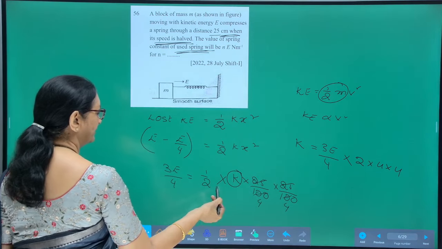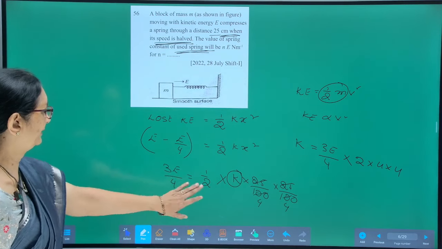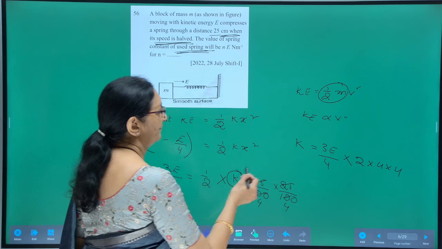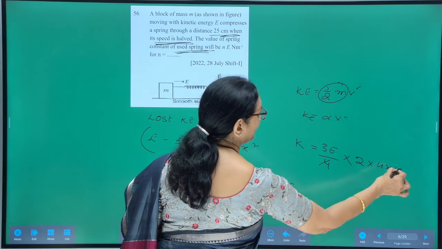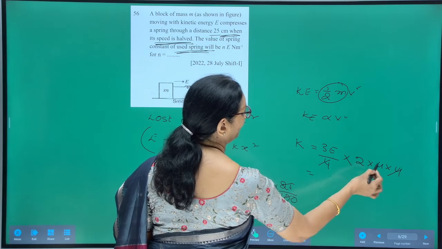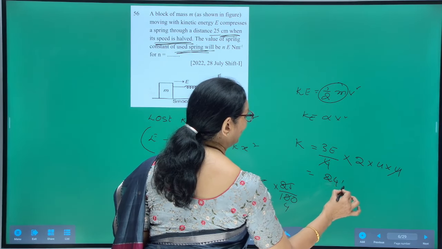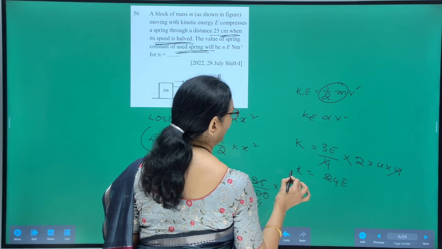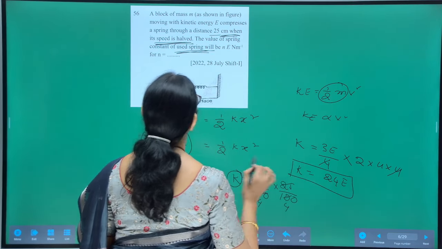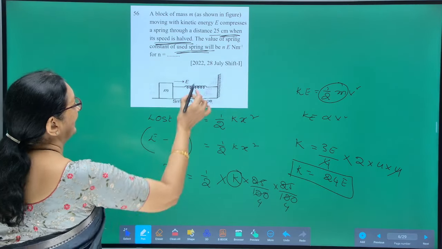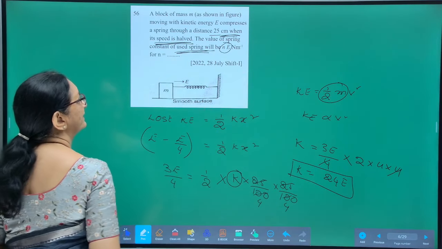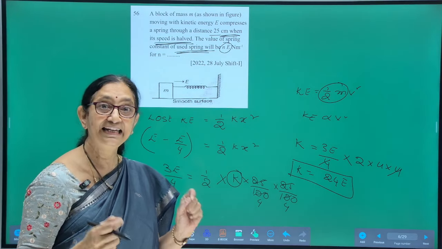You are taking this denominator to the numerator as it goes to the other side. So it becomes 2 4s are 8, 3s are 24 E. So the spring constant of the spring is 24 E. But here the spring constant is given as nE.